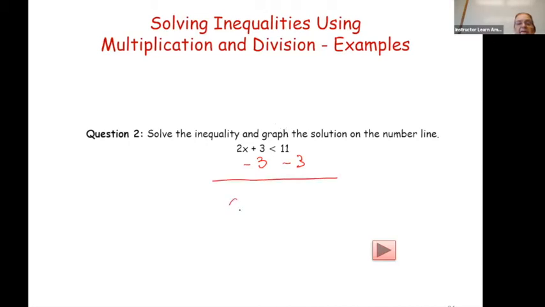And we would then have 2x, these would add to 0, and we'd have 2x is less than 8. Now we can divide both sides of the inequality by a positive number, 2. Therefore, the inequality is not going to change its order, and we will have x is less than 4.